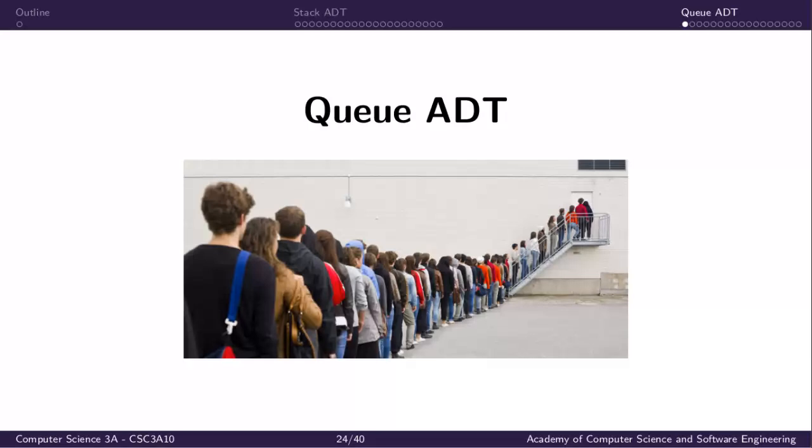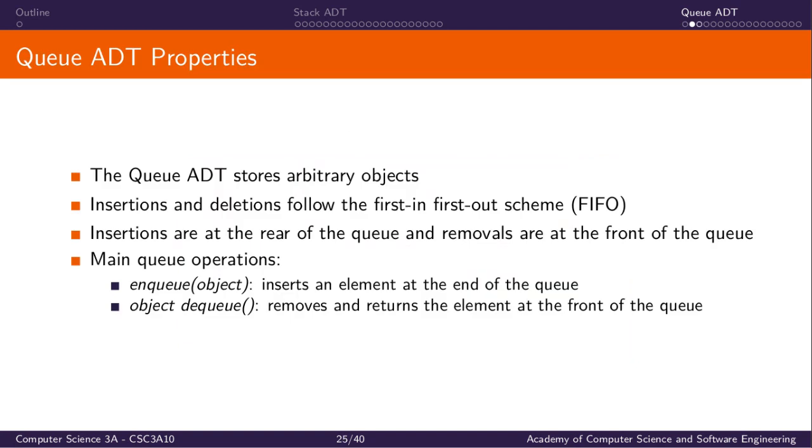Or a waiting list for applicants. Yes, that could be at a bank, anywhere would want to follow FIFO: whichever arrived first should be serviced first. So again, it stores this collection of arbitrary objects. However, insertions and deletions now have to follow FIFO. They can't be arbitrary.